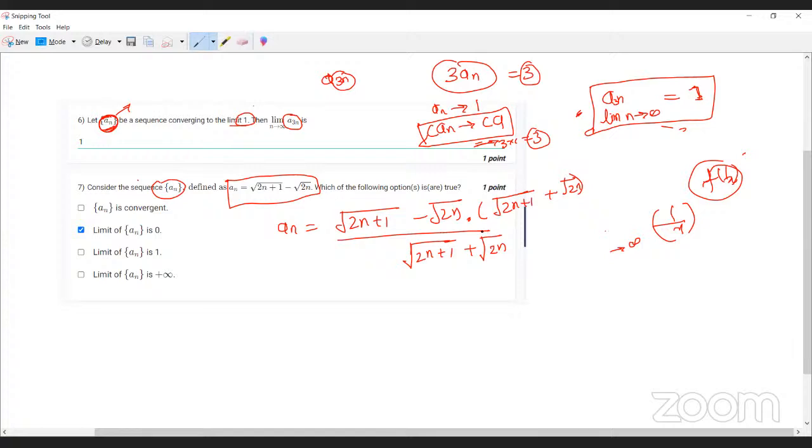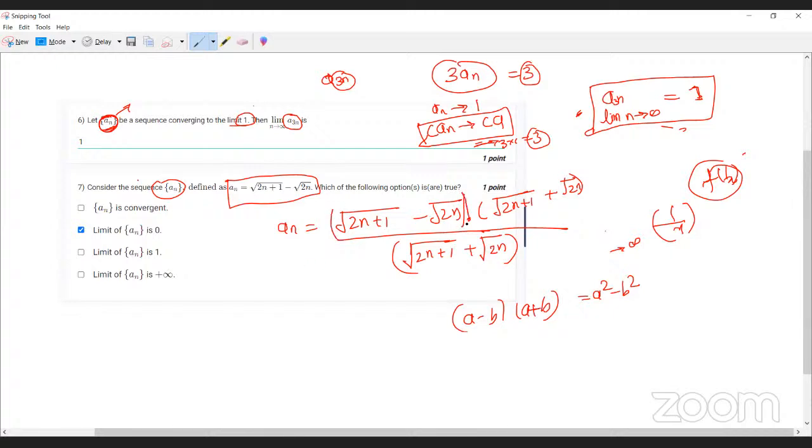I can write it like this, and cancelling I get the same expression. Now, what is a minus b and a plus b here? That is a squared minus b squared. So if I apply that formula here, what will I get?